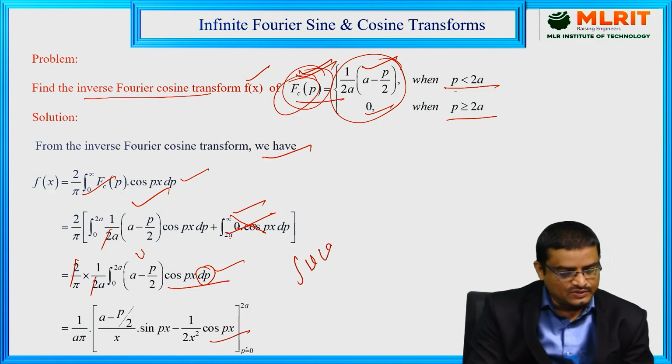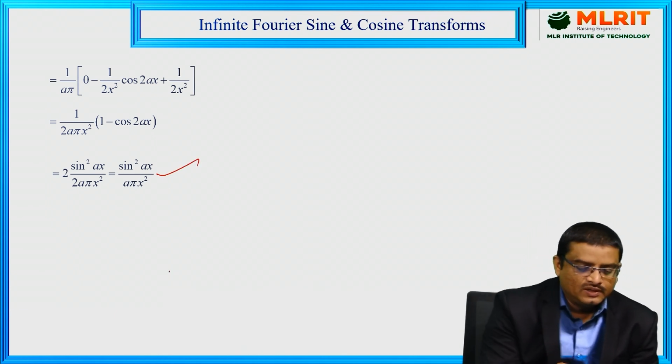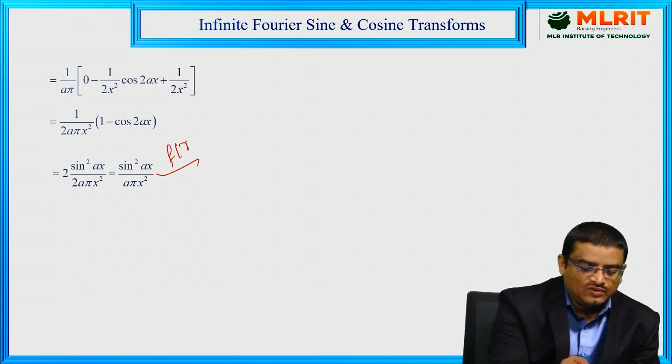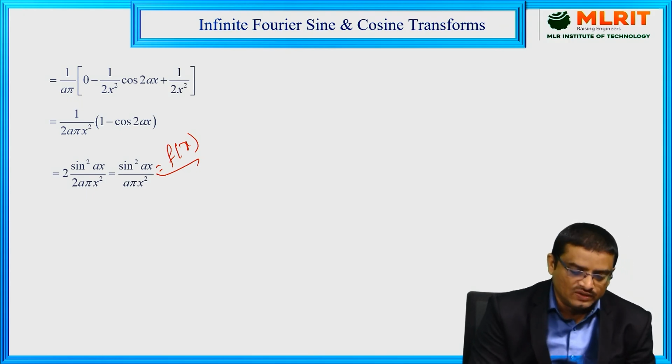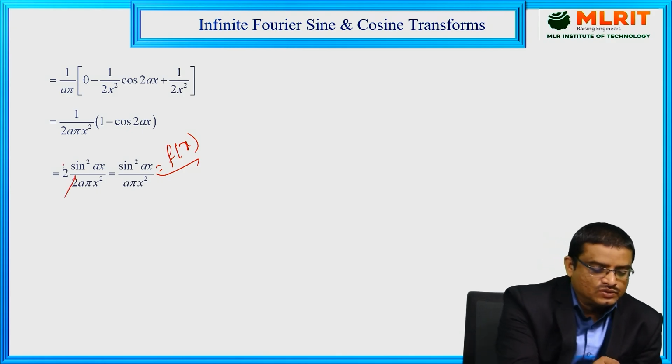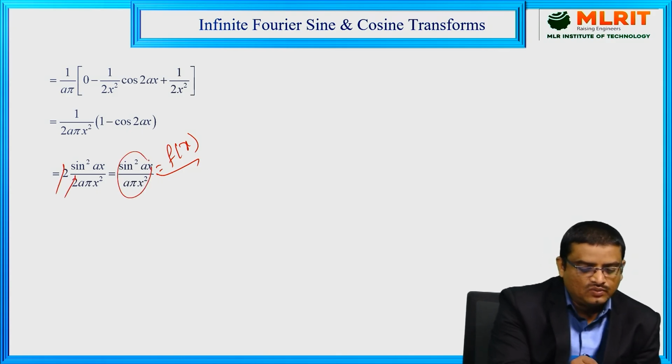Then substitute the upper limit and lower limit here. So finally you will get f of x is equal to, this is the value of f of x for which we got that Fourier cosine transform value. So sine square ax by, this 2 and this 2 get cancelled, a pi x square. This is the value what we want.